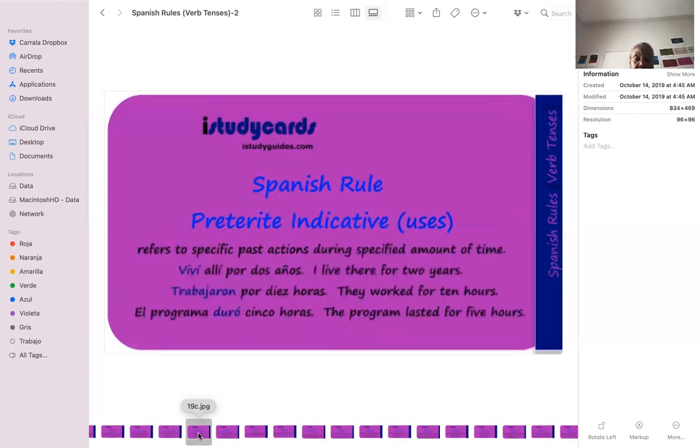All right. Preterite refers to specific past actions during a specific amount of time. Viví allí por 2 años. I lived there for 2 years. It's telling you for how long the action lasted. Remember, for when and for how long.